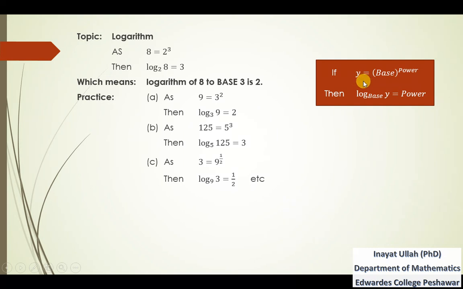So whenever y is equal to base to the power x, we can write this as log to the base, this base, log y is equal to leave this power towards right side.